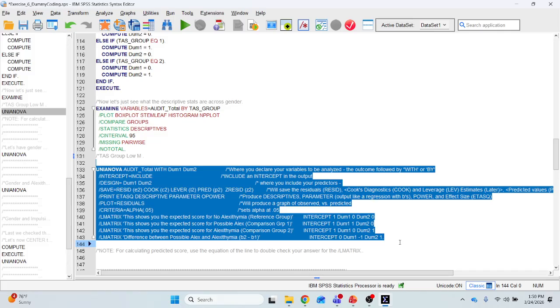So you have this one, this one, this one, because we have 3 groups. Then copy and paste this particular line, switch these things, and add another DOM3 in your case.